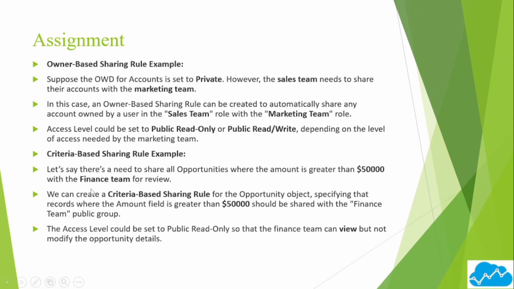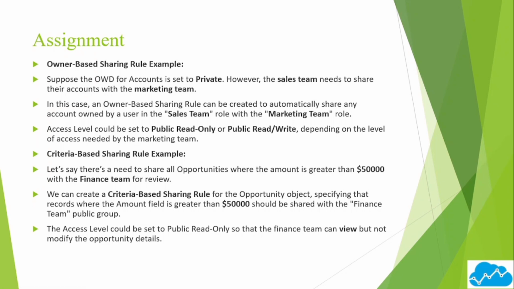So in this condition we are going to create criteria based sharing rule, and in that we are defining the condition that if amount is greater than $50K, all the records get shared with the finance team, and it is for only review. So here we are going to provide public read only access.